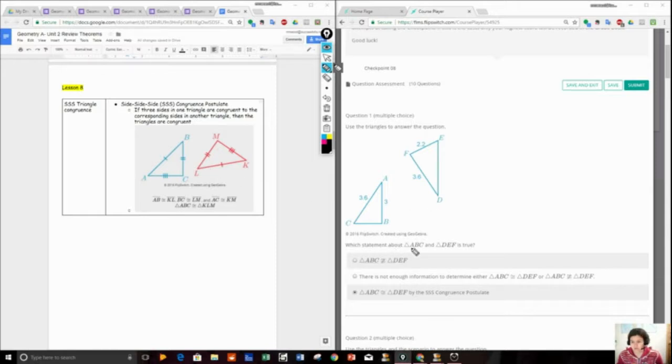So vertex A is going to correspond to vertex D. So A and D are corresponding vertexes. Vertex B is going to correspond to vertex E. So B and E are corresponding vertexes.